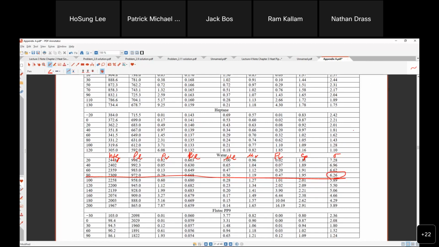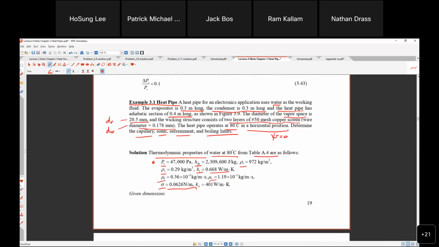So what happened is sigma times 10 to the 2 Newton meter is 6.26, so sigma is 0.0626 Newton meter. You have to convert this to 10 to the minus 2. I think that's something you have to figure out. That's what we have here.